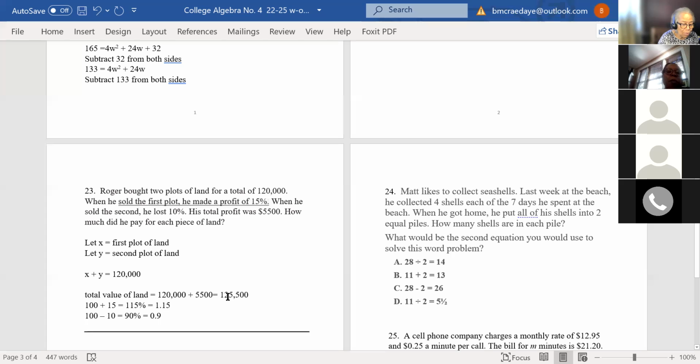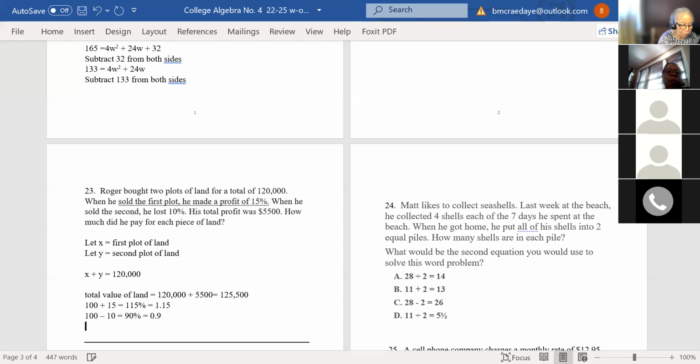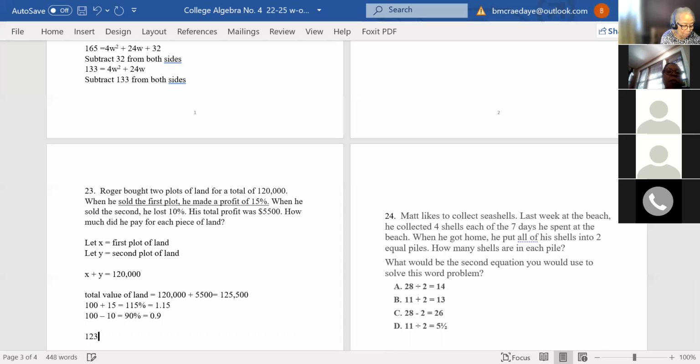So we know that his profit came from 1.15 of a value, we'll call it X, and the 0.9 came from Y. So we can plug in our formula: 125,500 would be equal to what?